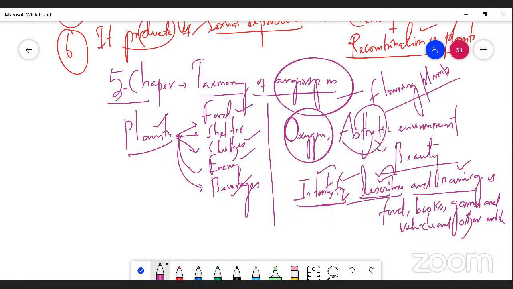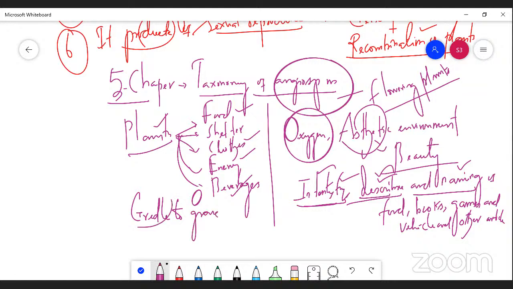So every human being is in a taxonomy system. It is taught from his, please underline, cradle to grave. They start from cradle to grave.